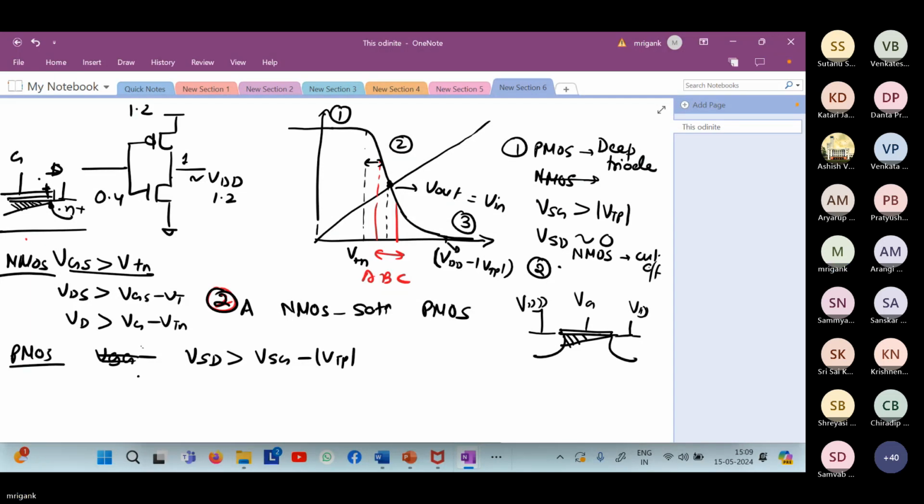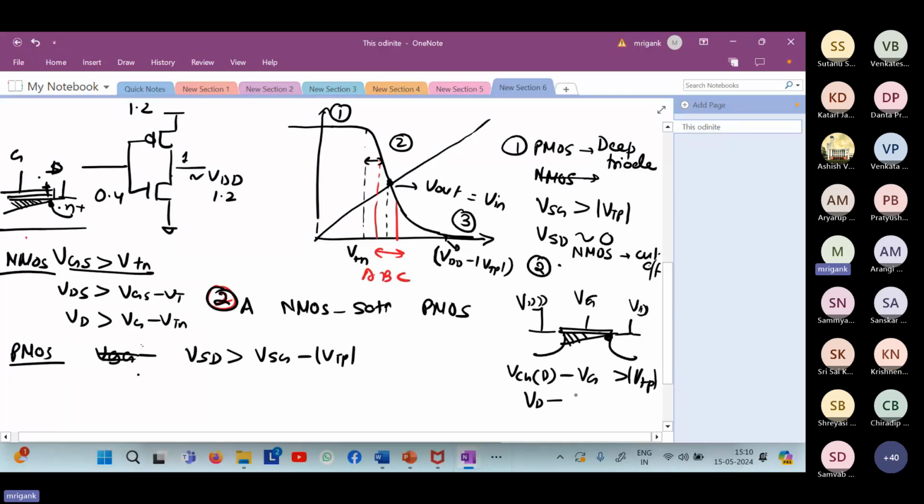Once again, we know that for the PMOS channel to be introduced at this point, we need the potential between the channel VCH, which is the channel potential at this point at the drain, minus VG of the PMOS, that should be greater than mod VTP. As long as the V channel at the drain is approximately equal to the drain potential, VD minus VG should be greater than mod VTP.